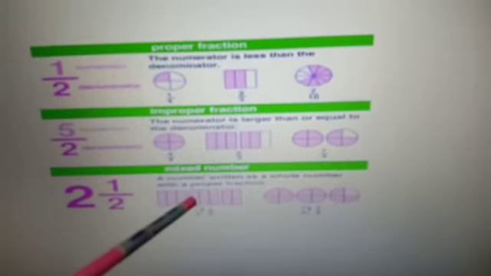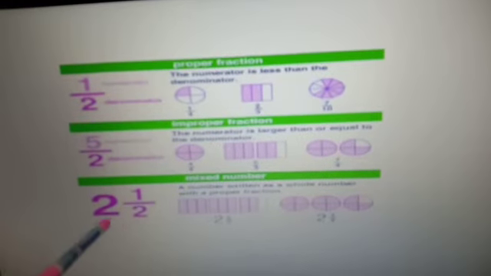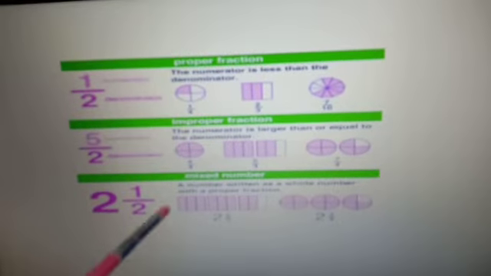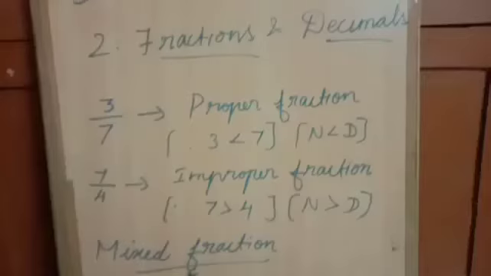Mixed fraction is nothing but it can be written as a whole number with a proper fraction. Here 2 is whole number and 1 by 2 is proper fraction. We can convert improper into mixed one. Similarly, we can convert mixed fraction into improper fraction. I'll show you how to convert improper into mixed, mixed into improper.